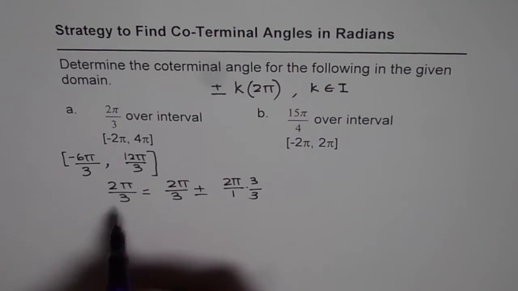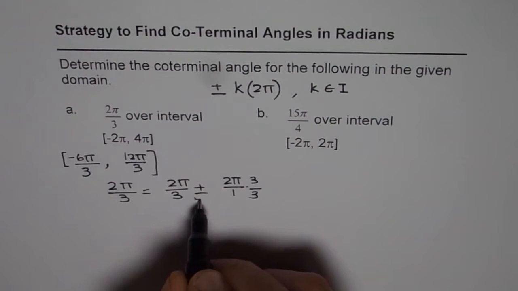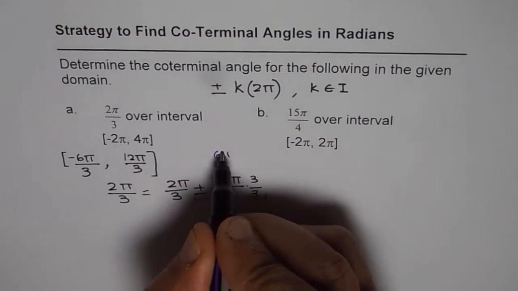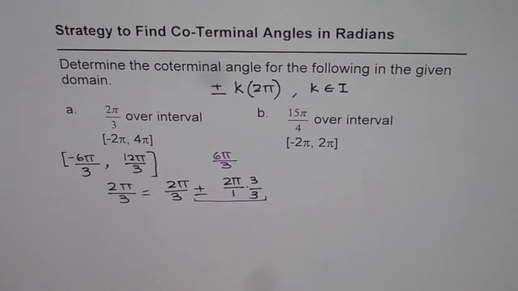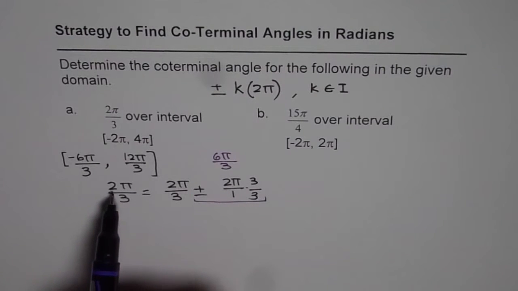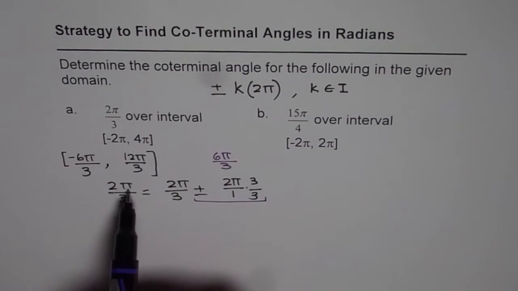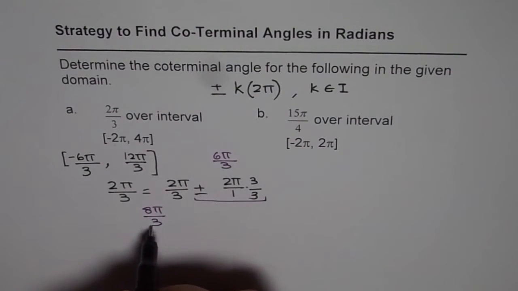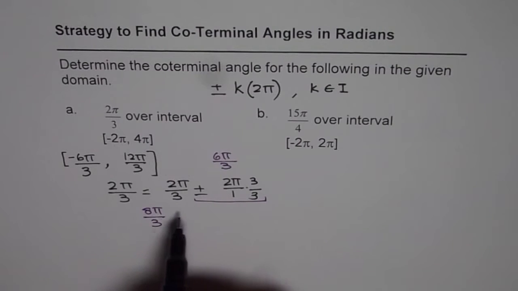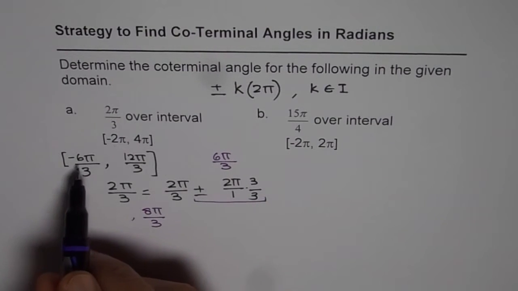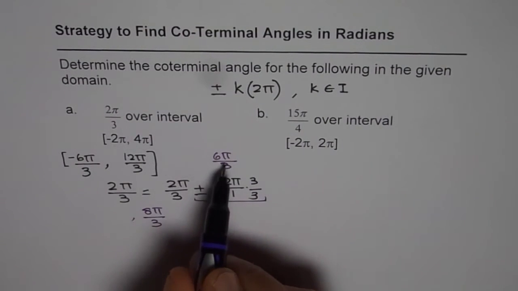Now let's look into it. So here we have 2 pi by 3 and we are going to add and subtract multiples of 6 pi by 3, correct? I hope you understand that part. So if to 2 pi I add 6 pi, what do I get? I get 8 pi, right? So on this side I get 8 pi over 3. If I again add 6, I get 14, which is more than 12, so I cannot include that. So this is one of the answers on the right side. On the left side, we have to take away 6 pi by 3.